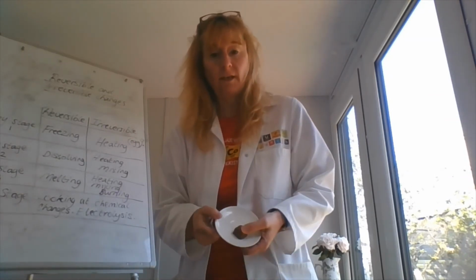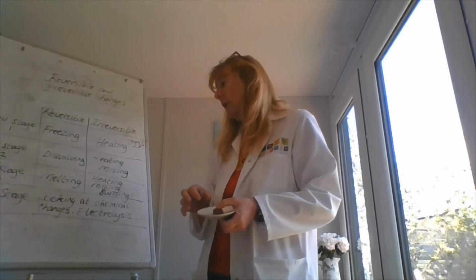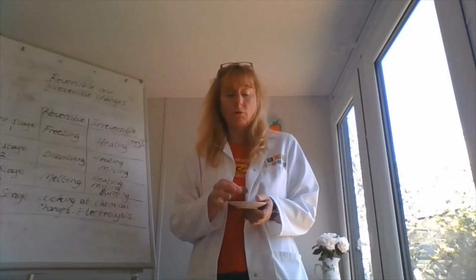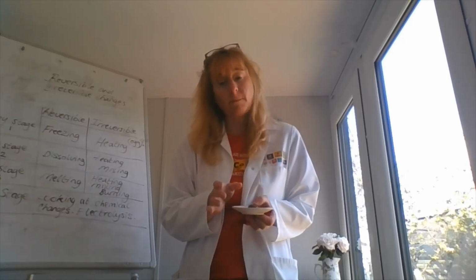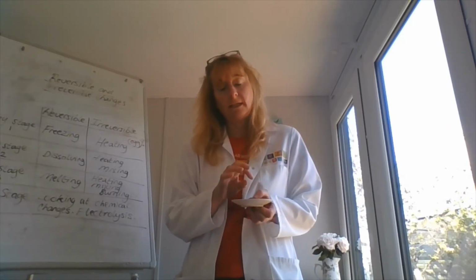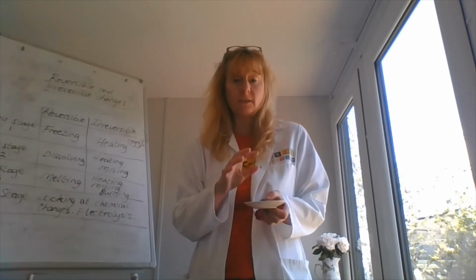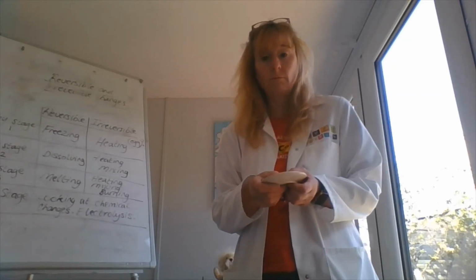So that's another experiment that you can do at home to indicate your reversible reactions, because you could then put it back in the fridge and it will solidify again to indicate your reversible reaction.